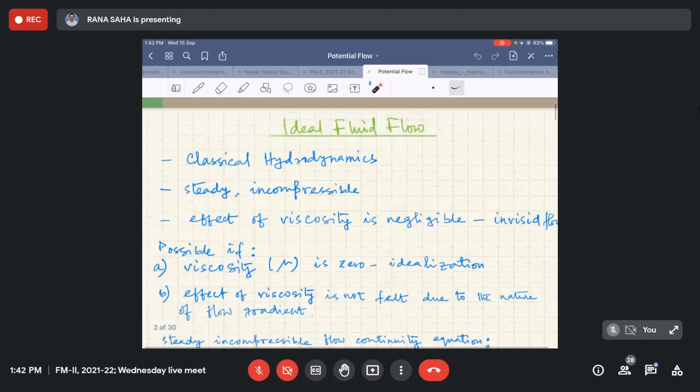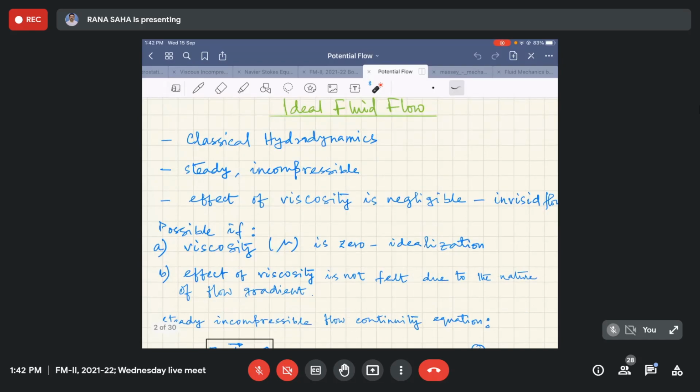Okay. So for idealization, we consider this flow to be irrotational. Another perspective of looking into this is from the perspective of the velocity potential of the flow. We will look into that a little bit later in our discussion. But before that, the genesis of this potential flow or ideal flow was much older than your boundary layer flow.